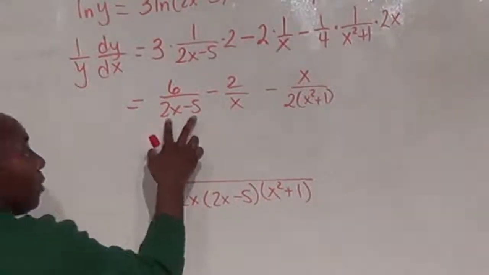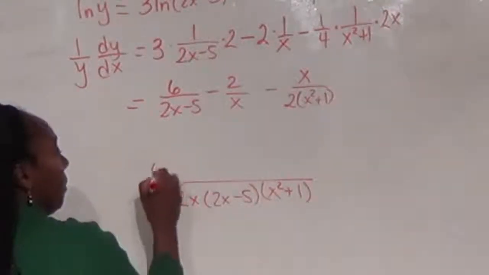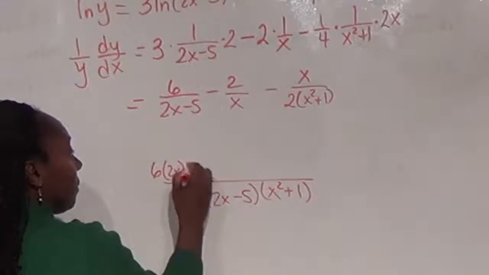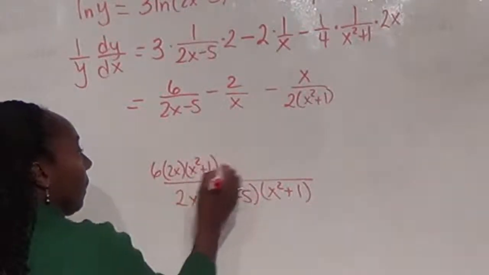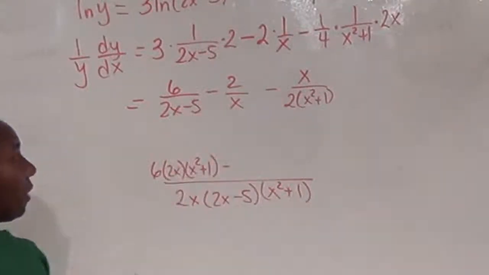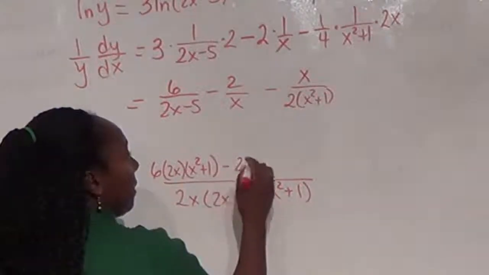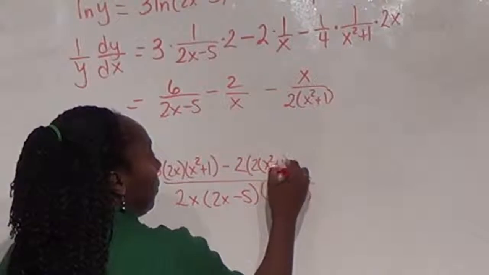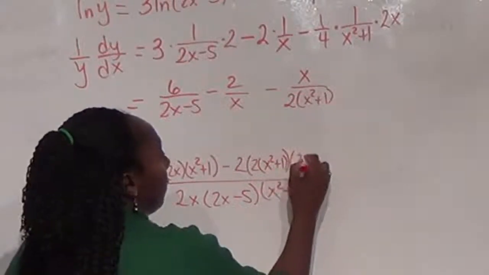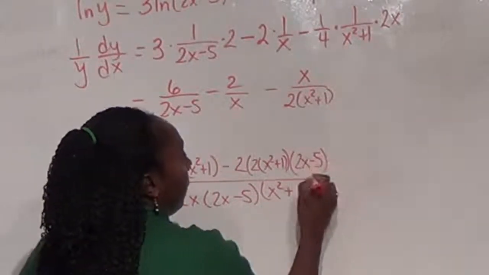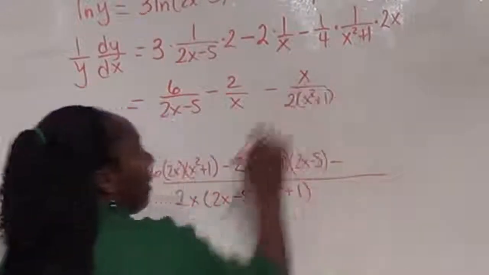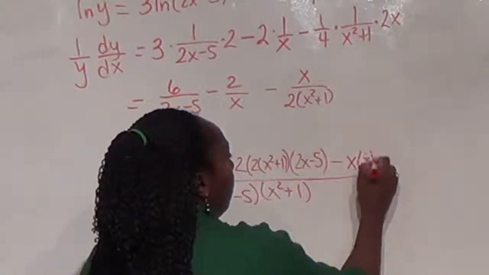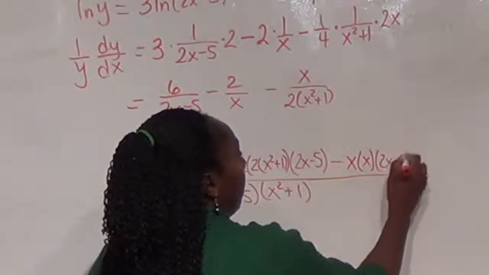So here I need a 2x and an x squared plus 1. Here I'm going to need all of the other pieces other than x. And for this last one, I need the x times the 2x minus 5.